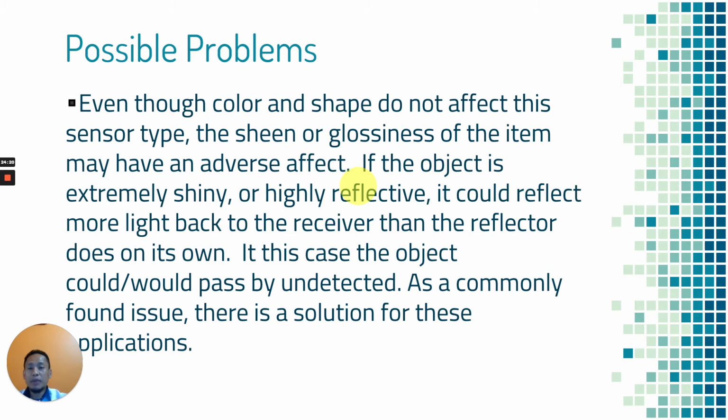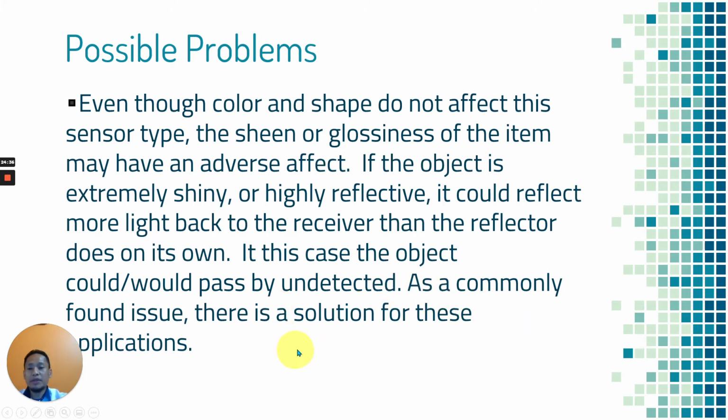Depends. Even with a color, for example black, whether it is a shiny color or matte color, in this case the object will pass by undetected. Sometimes kita punya detector pun tak boleh detect.